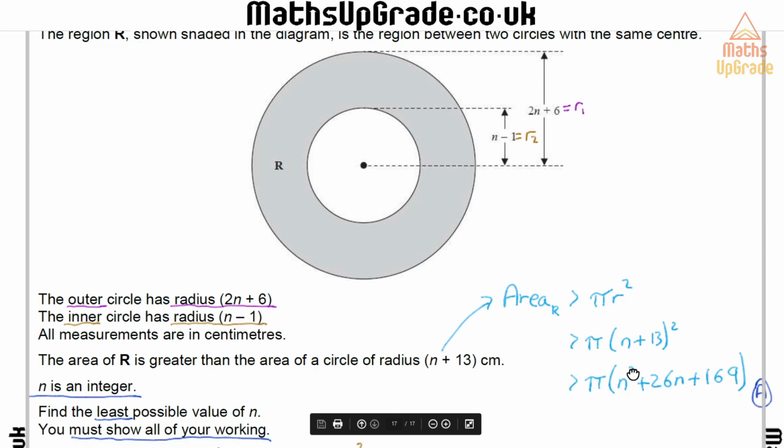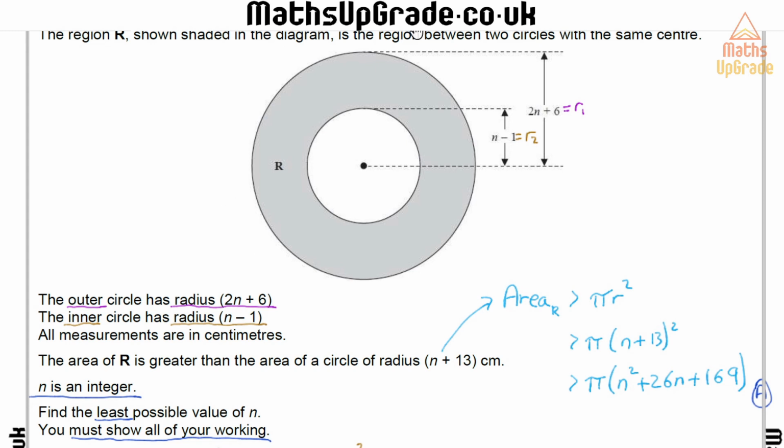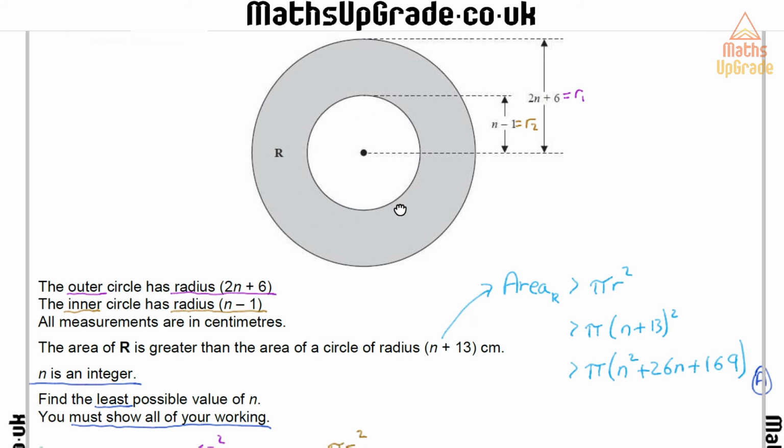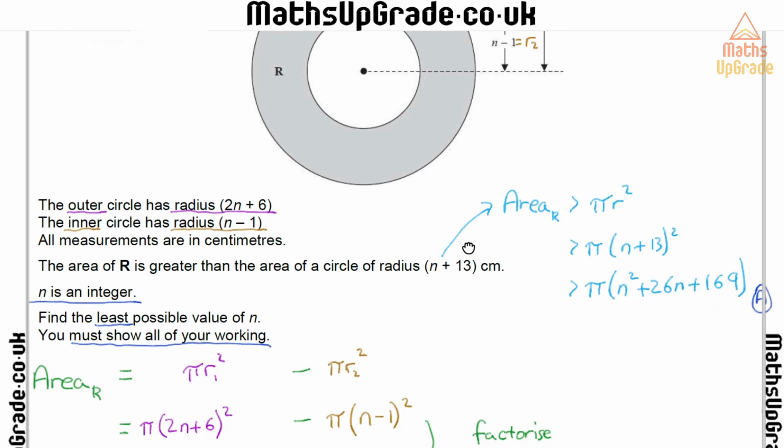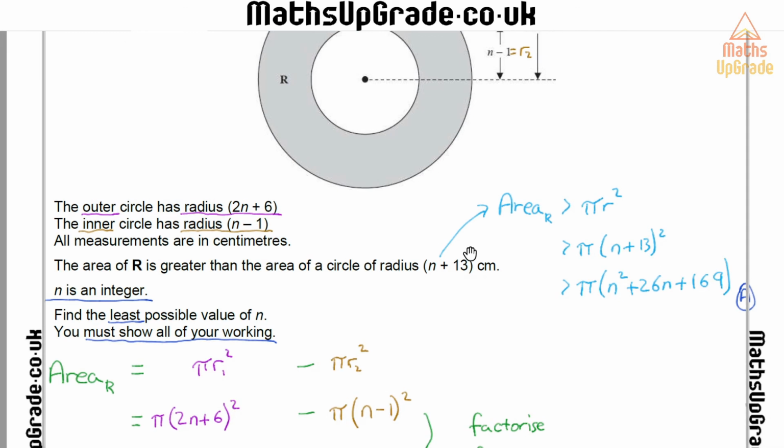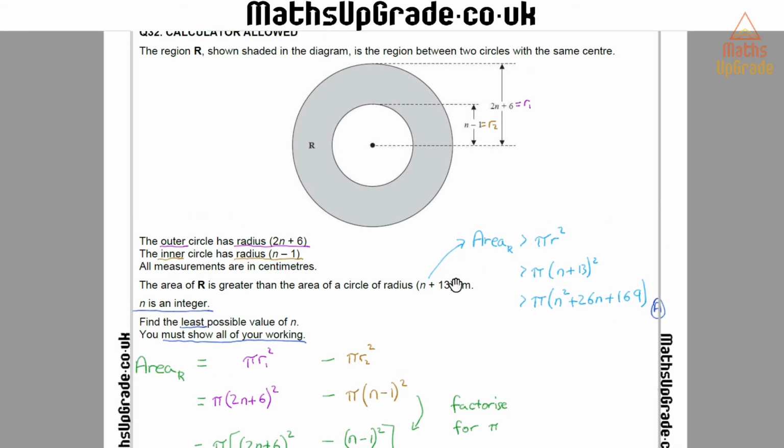I also know that the area of R is the area of this large circle, subtract the area of this white circle, because the white circle has been cut out. So if I write that as an expression, the area of that shaded region is pi r1 squared minus pi r2 squared.